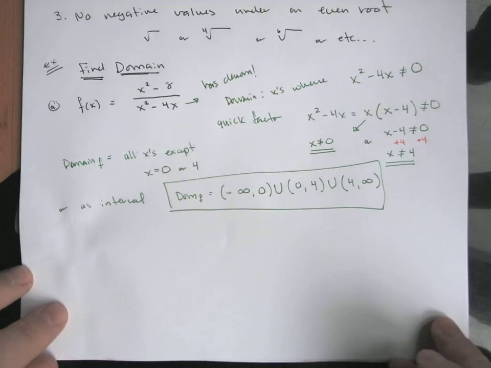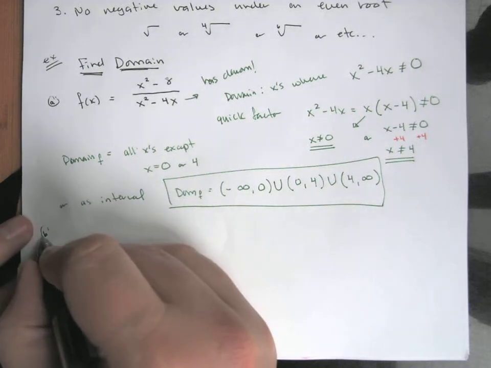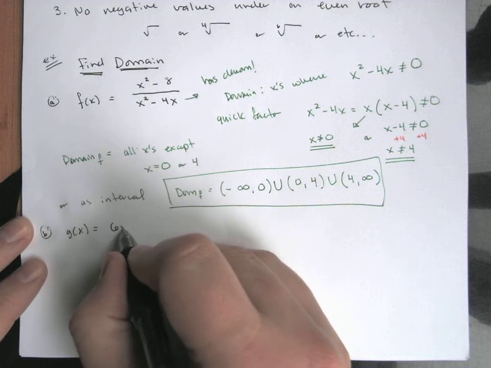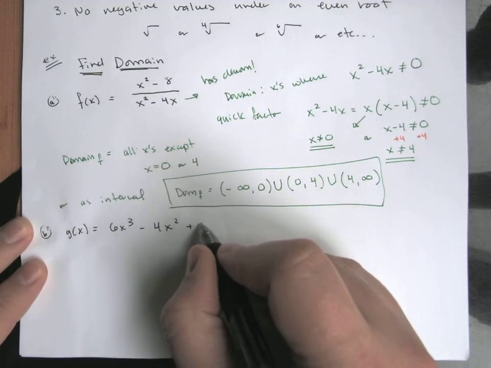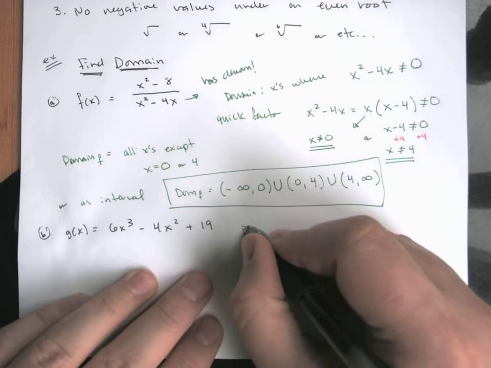If we do another example, maybe I've got g of x is 6x cubed minus 4x squared plus 19 or something, right? So this is a polynomial. There are no fractions, there are no roots.